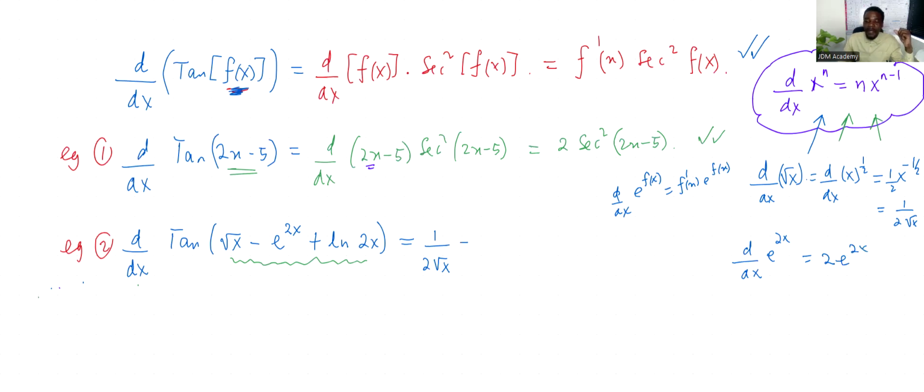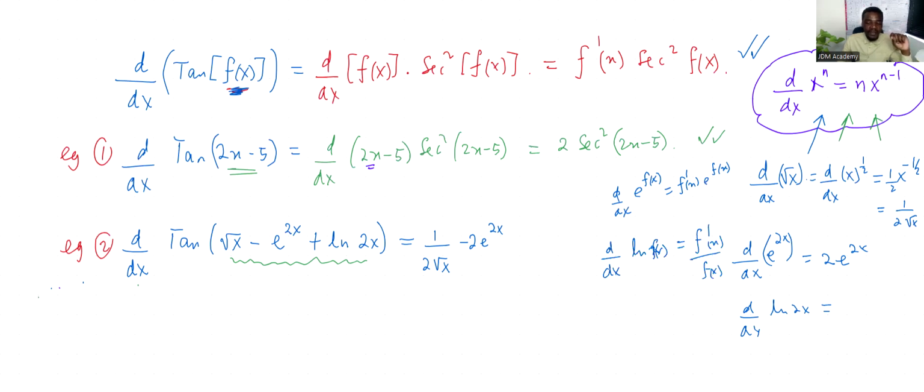What about the derivative of ln of 2x? What are we going to get if we differentiate ln of 2x? Remember, in another video, we've also covered exactly how we differentiate ln of a certain function. For us to differentiate ln of a certain function, you need to find the derivative of f of x first, then you divide that result by f of x.